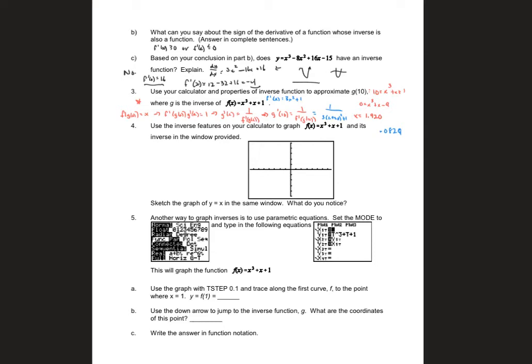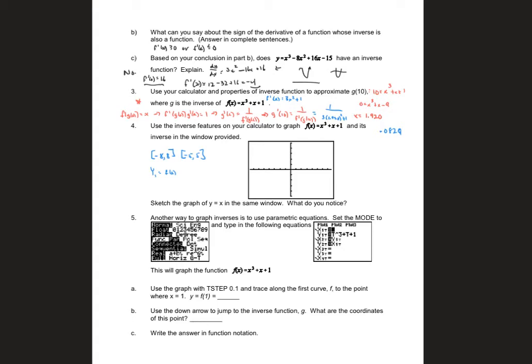This window has x min negative 8, x max positive 8, and a y min of negative 5, and a y max of positive 5. So if you put y1 equals that f of x, x cubed plus x plus 1, into your calculator and graph it.